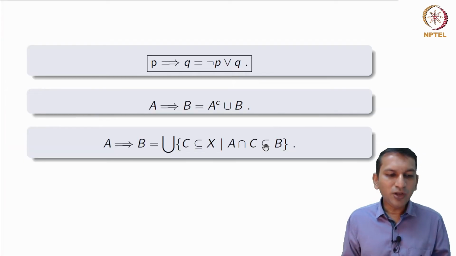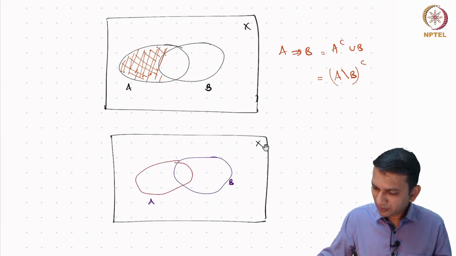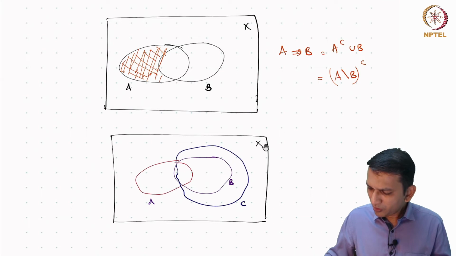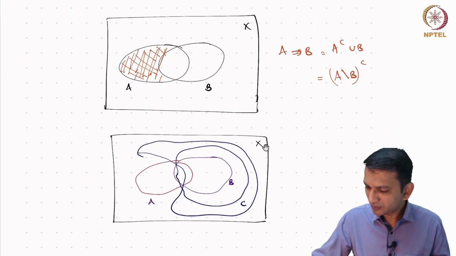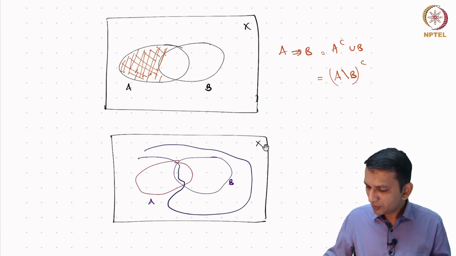Now the question is, how do we find the largest set C? Well, consider this fellow. We said that this C will belong here. What about this C? Look at its intersection.